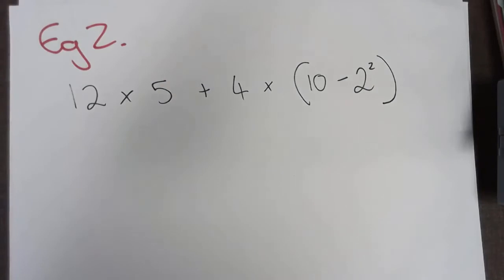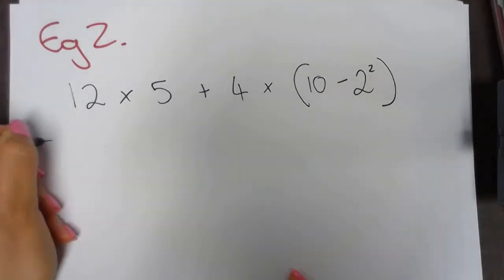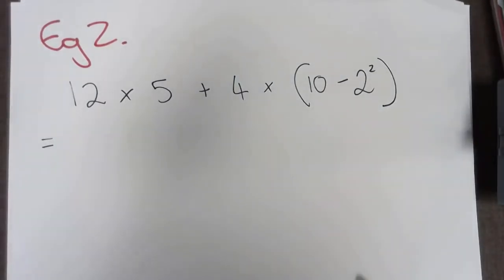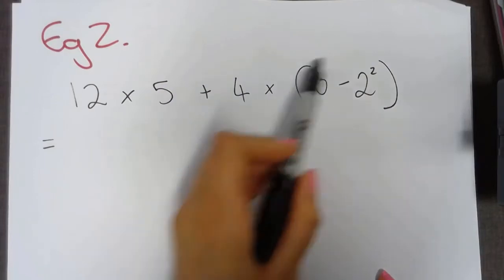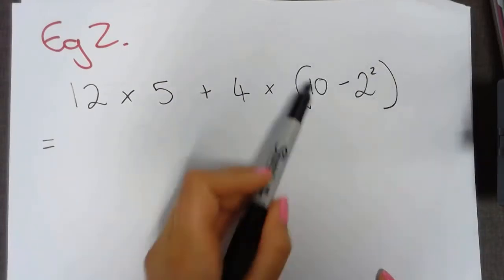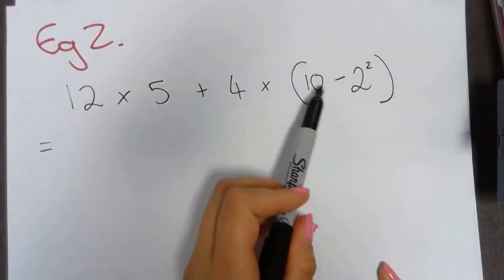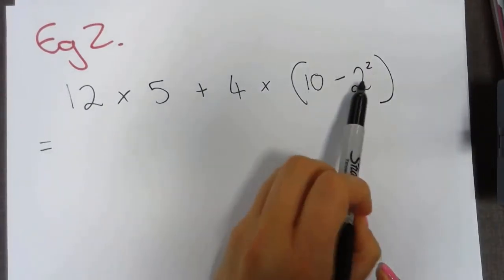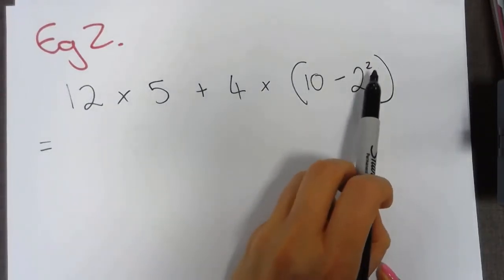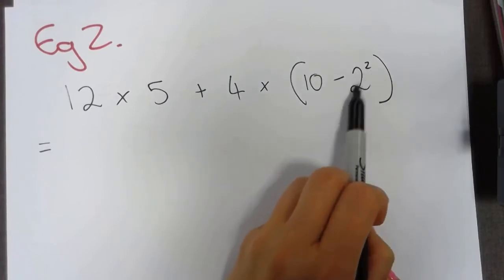Okay, let's go to another example, example number 2. So here, a little bit more complicated, but we still need to follow our BIDMAS. So equal signs lining up, BIDMAS, B for brackets. We go straight to the brackets, and then we have to work out BIDMAS within our brackets as well. So within our brackets, we have a subtraction and an indice. We know indices come first between that.